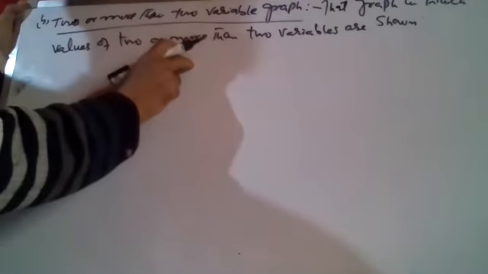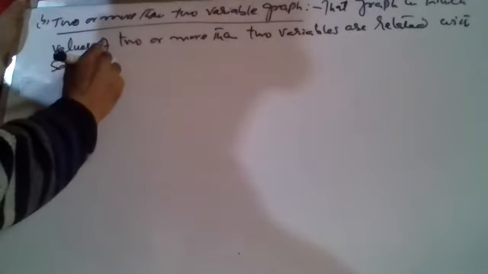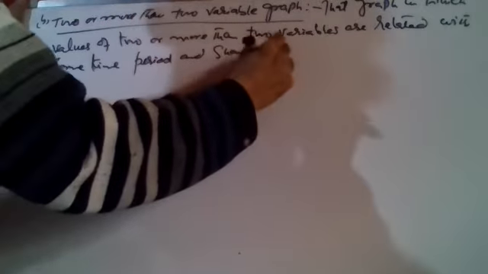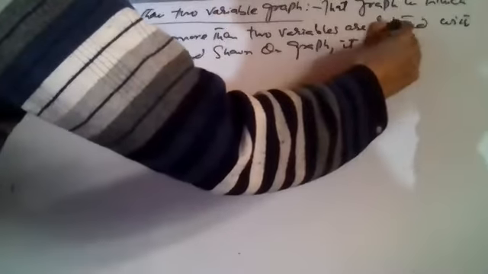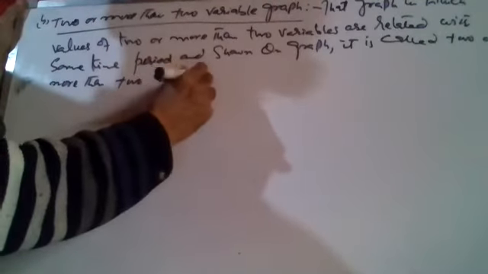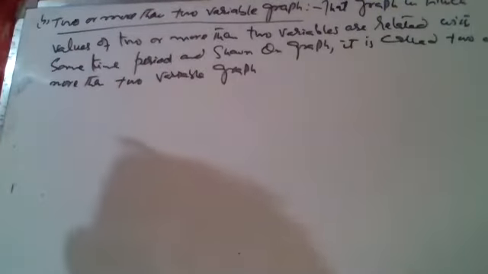That graph in which values of two or more than two variables are related with some time period and shown on a graph is called two or more than two variable graph.